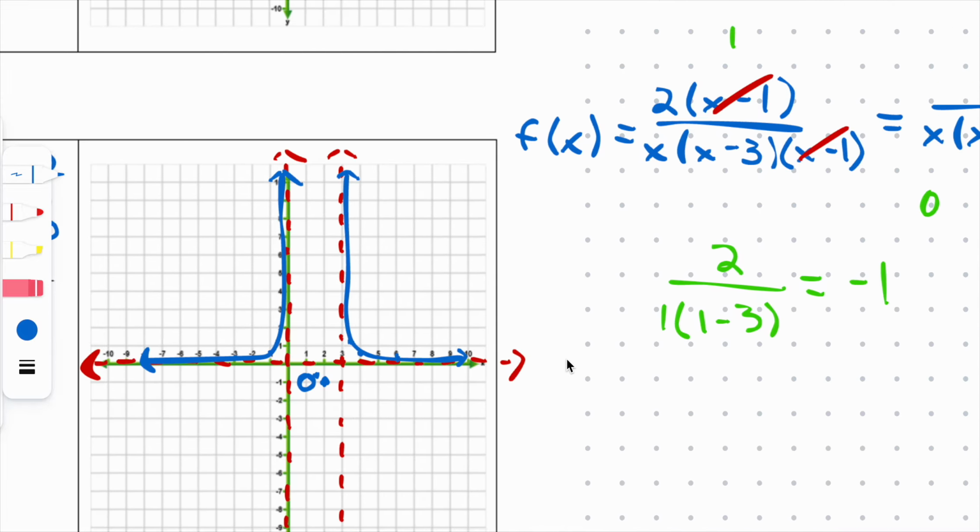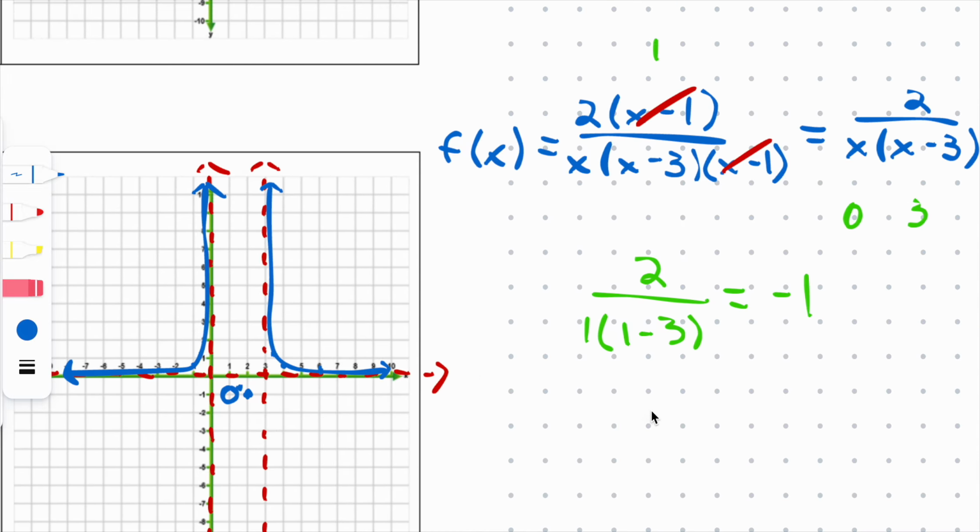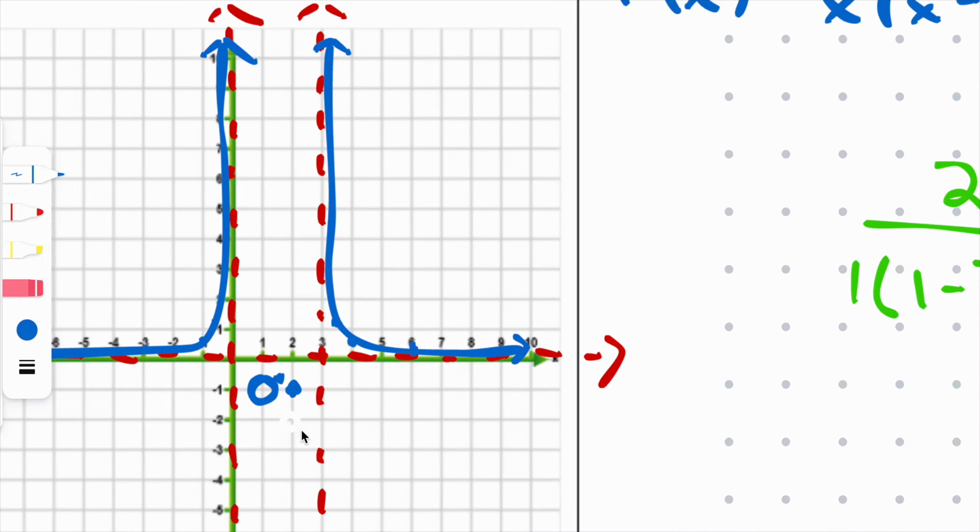So at this point, I'm just going to plug in some other points just so I can be sure. So I'll plug in 2.5, for example. 2.5 minus 3 is -0.5. -0.5 times 2.5 is going to be -1.25. Now 2 over -1.25 is going to be -8 over 5, which is not quite 2, but it's close.